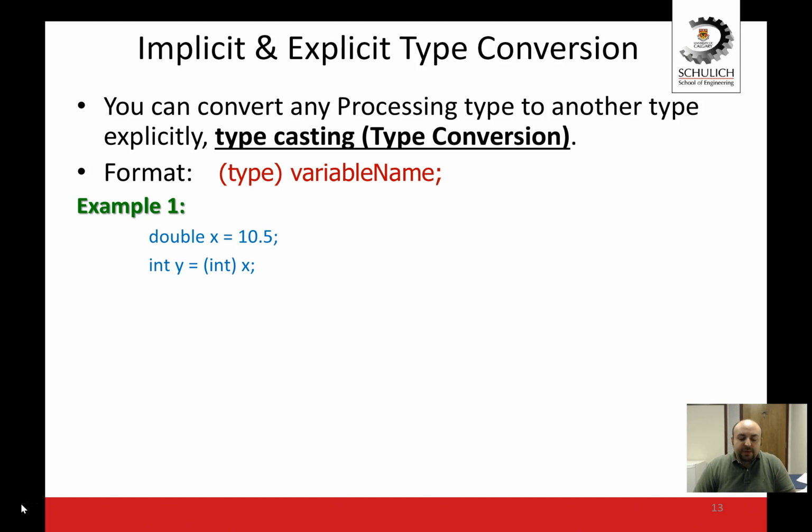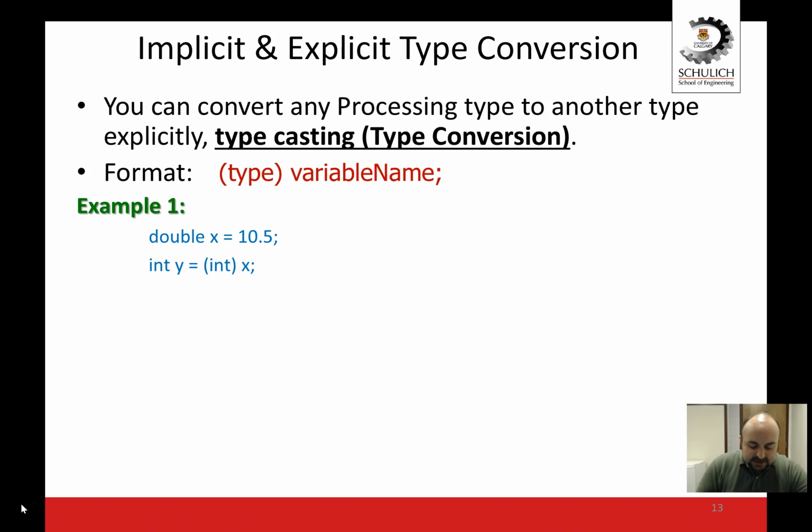The next topic I want to cover is implicit and explicit type conversion. This is not a huge topic in this course, but it is useful to know that you can convert any processing type to another type for an instance of time that is inside of one line.